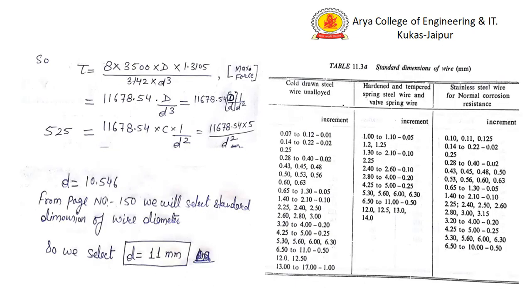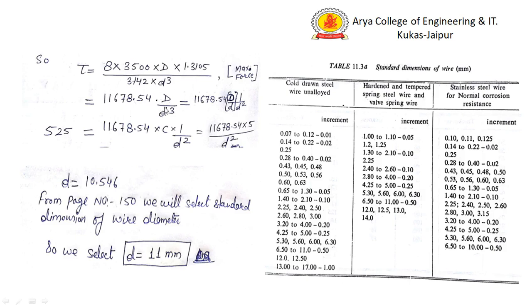So shear stress tau is equal to 8 F. F here is 3500. We use the maximum force because this shear stress is the maximum allowable shear stress. So in this formula we will use the maximum force. It is equal to 8 times 3500 D K upon pi d cube.